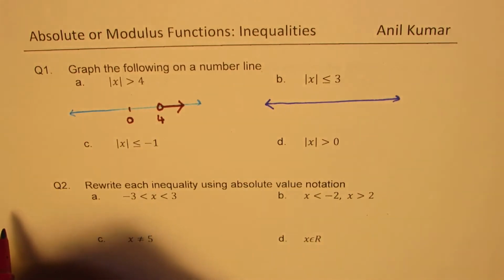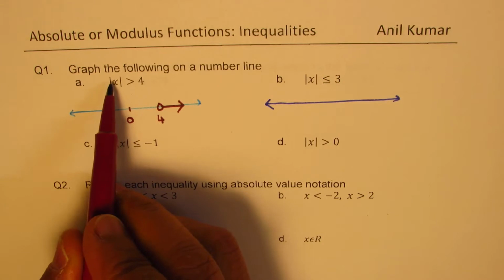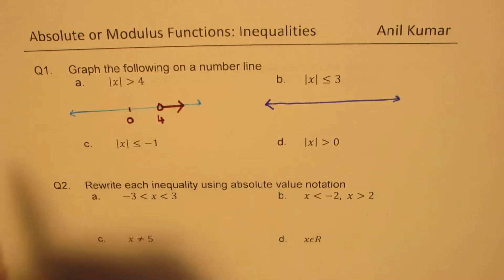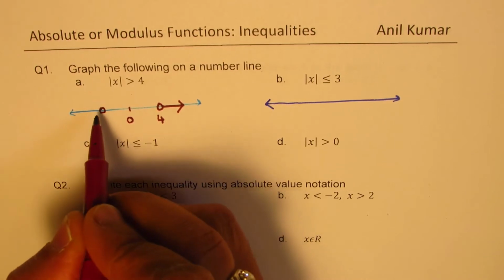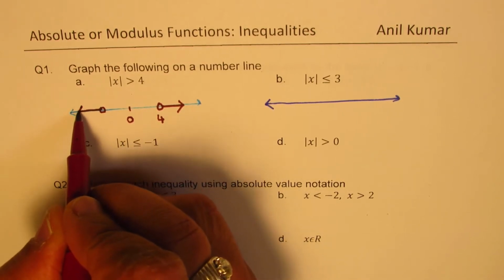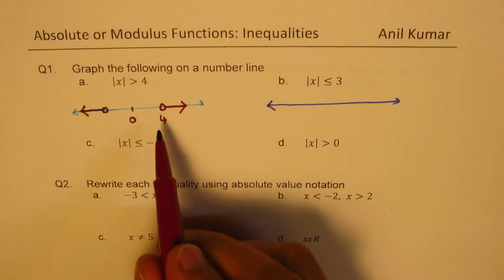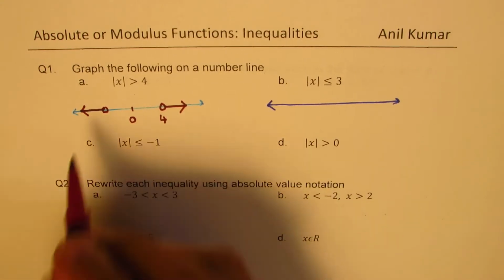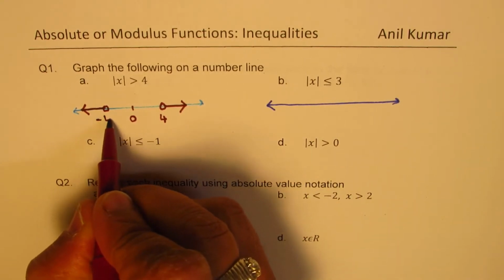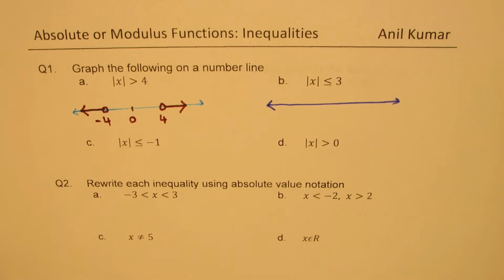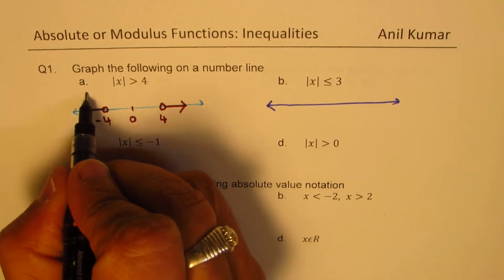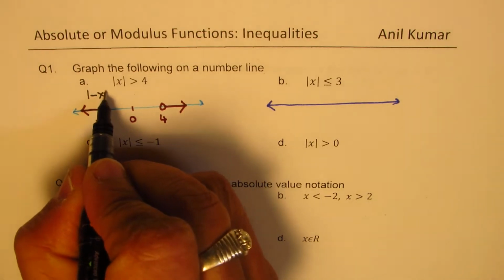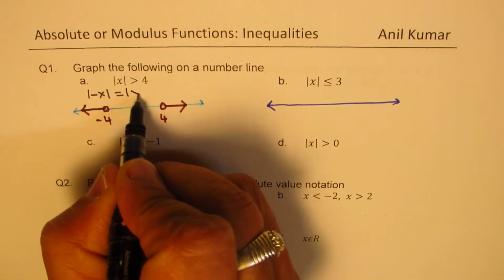An absolute function is an even function which is symmetric about the origin. If you take that as an idea, then you know exactly what to do, correct? So from the symmetry also, you could write this as your solution. Do you see that? Now what we have learned in the very beginning is that absolute value of minus x is also equal to absolute value of x.